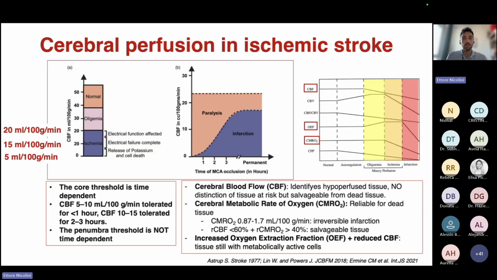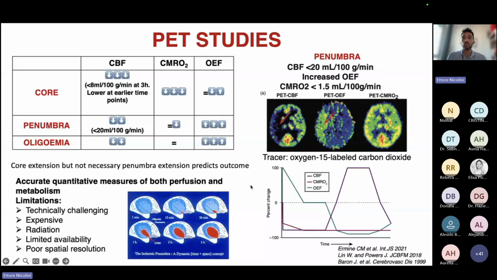This was evident also from the first studies in human beings in ischemic stroke patients, which were the positron emission tomography studies, in which it was confirmed what was seen in vivo study, so that indeed in the ischemic core we have a reduction of cerebral blood flow and CMRO₂ with variable OEF, while in the penumbra we have an increase of oxygen extraction fraction.